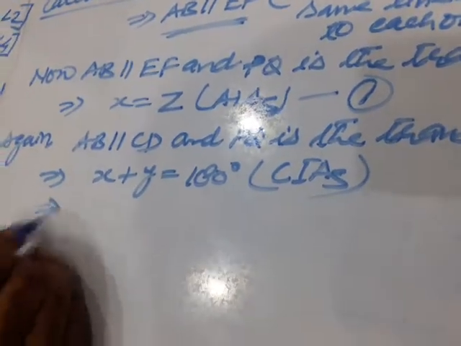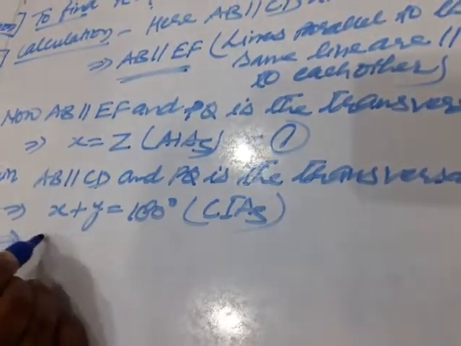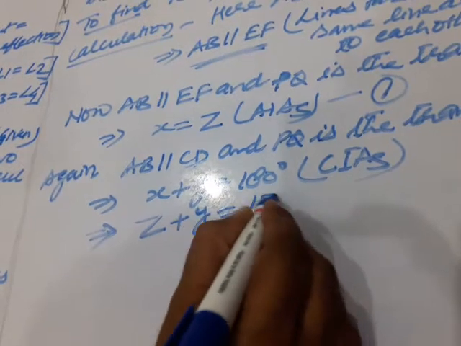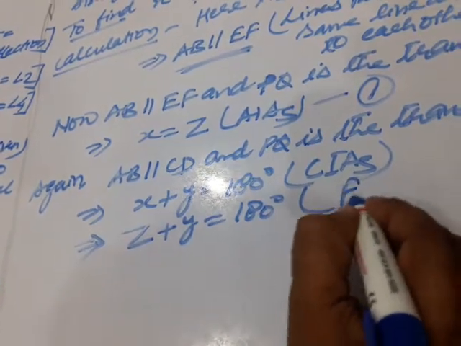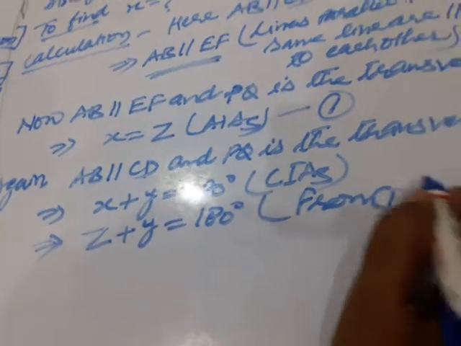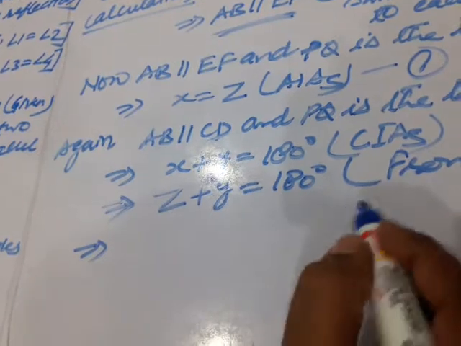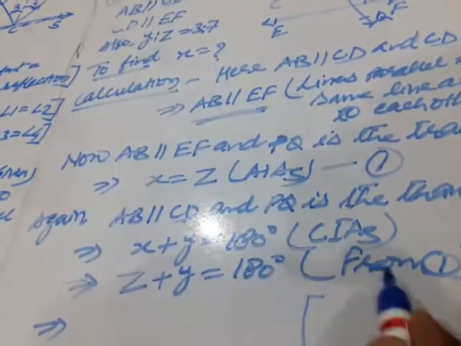Notice that now X plus Y equal to 180 degrees. But from 1, X equal to Z, so Z plus Y equal to 180 degrees. Here the ratio is given, ratio of Y to Z equal to 3 is to 7.